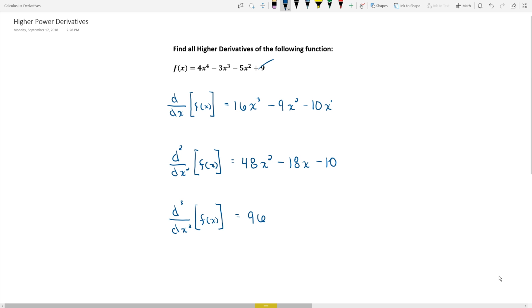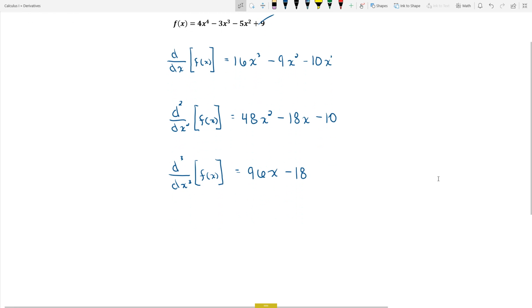And then it's x to the second minus 1, which is just x, minus 18. And x to the first minus 1, that would be x to the 0, and x to the 0 is just going to be 1. That's why we're left with this. And again, minus 10, that becomes 0. So at our third derivative, we now have 2 terms.